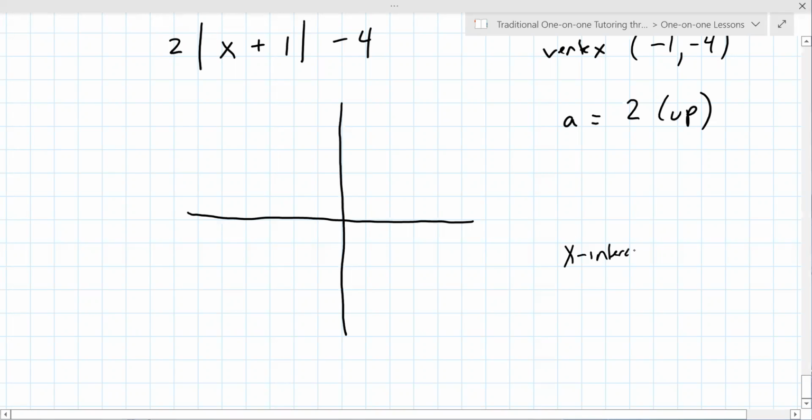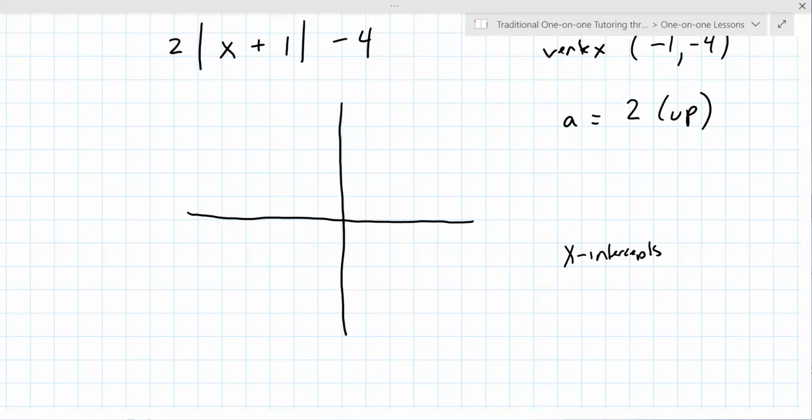Tell me the number of x-intercepts. Is it two x-intercepts? Yes.